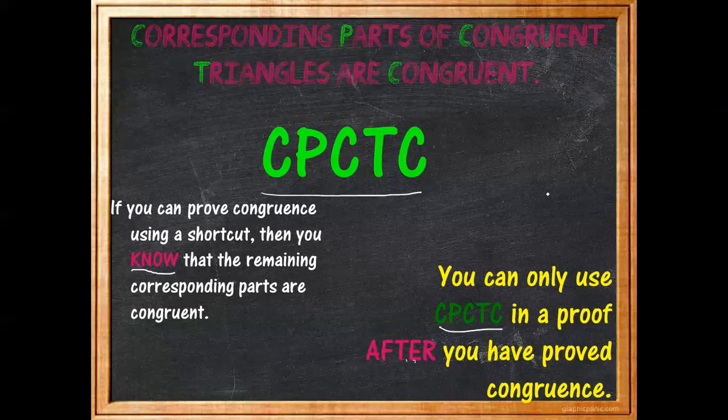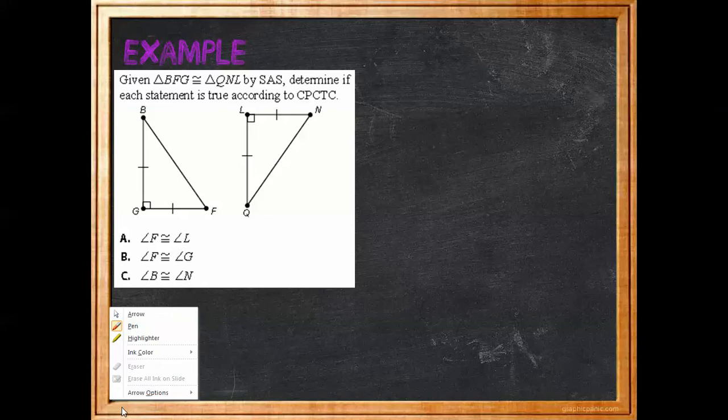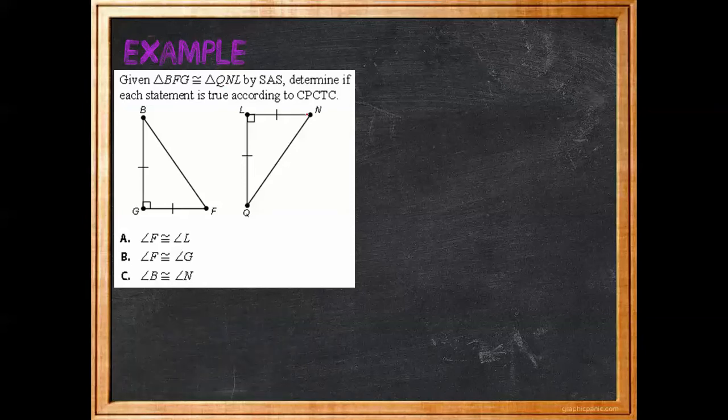So we first have to prove that a triangle is congruent, and then after that, we can prove that other sides and angles that we weren't given are congruent. So on this one, if we were given triangle BFG is congruent to triangle QNL by SAS, right?